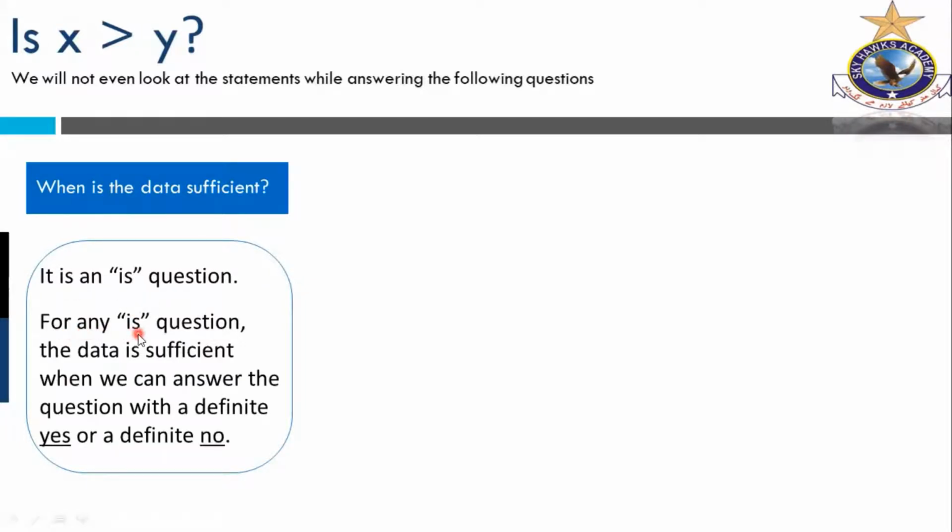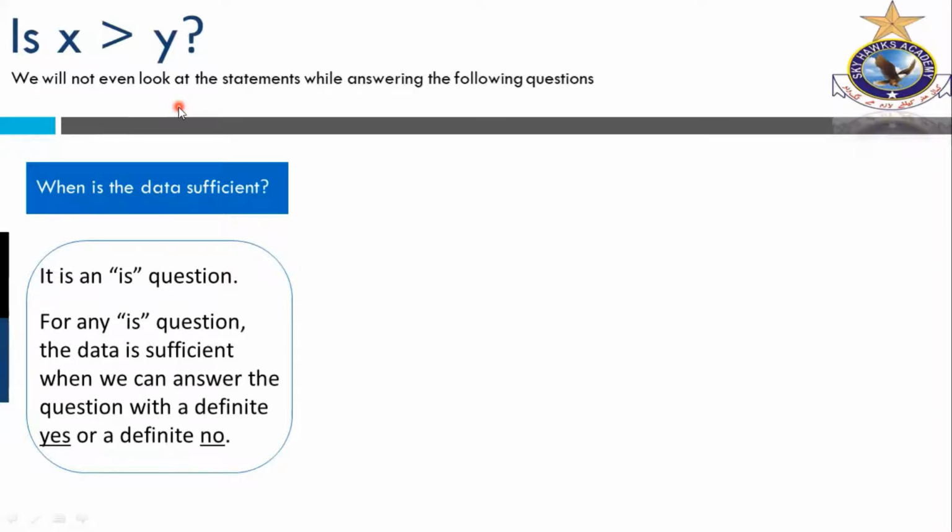For any "is" question, the data is sufficient when we can answer the question with a definite yes or a definite no. When the question starts with "is", the possible answer is yes or no.